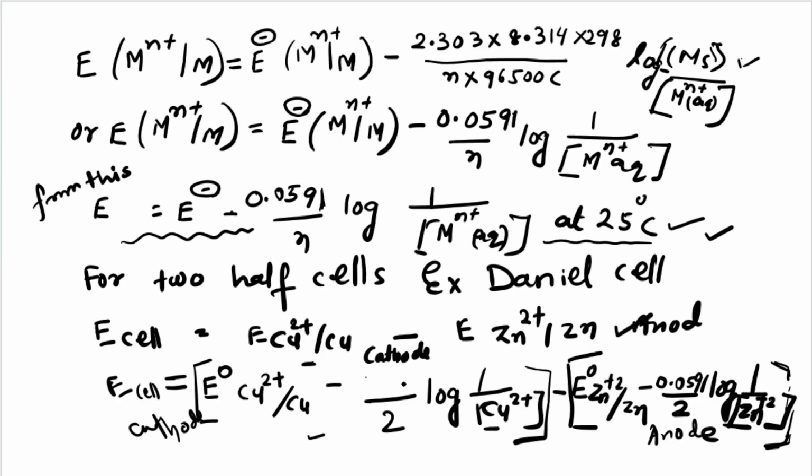This is the Daniel cell. So Cu2+ is the cathode, and Zn2+ is the anode. For the number of electrons, you will calculate the value, and after calculation you can get the cell potential. Otherwise it will only confuse.